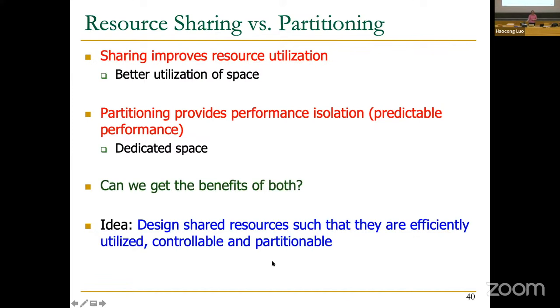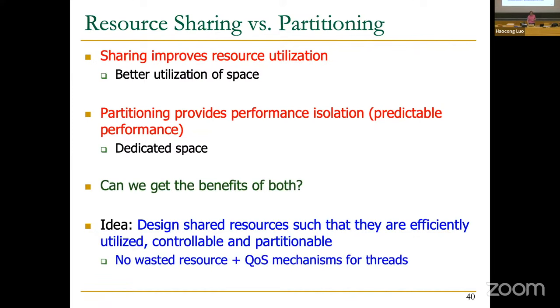So you need to have mechanisms to have controlled sharing, essentially. And the hope is that this way you have no wasted resource, which is a problem with dedicated space, partitioning, and you have quality of service mechanisms that you added to avoid the problems that you have with sharing. Okay? Unfortunately, you're not going to get the perfect upsides of both, but you're going to get most of the benefits of both if you do this.